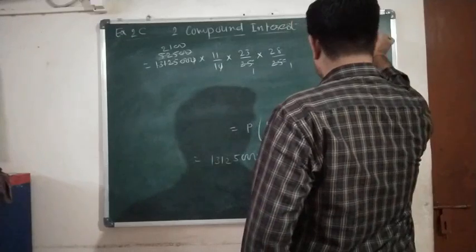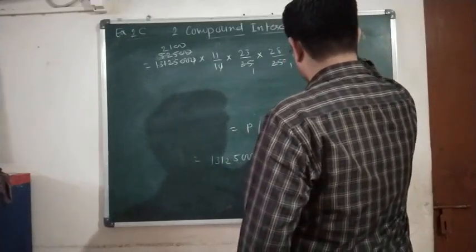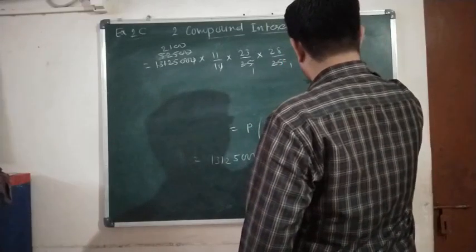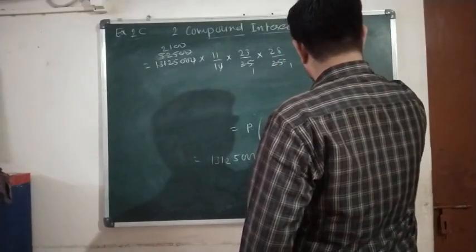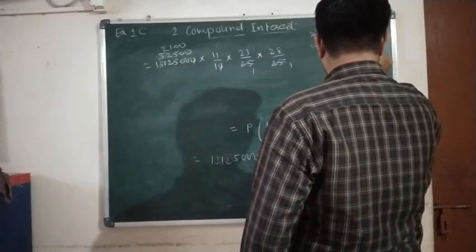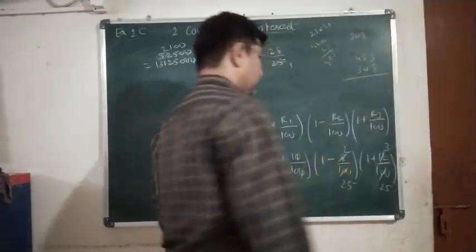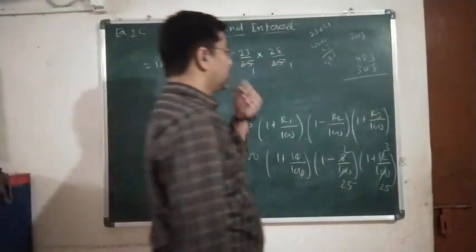Okay, so 308 and 23, 21s are 23 into 21, 63, 483. So 483 multiplied by 308. Let us multiply the two numbers.